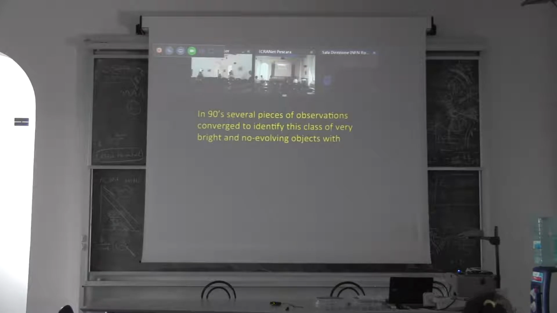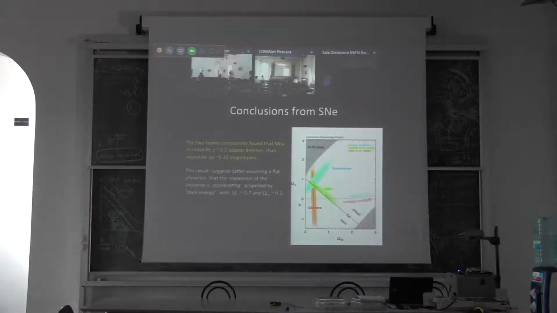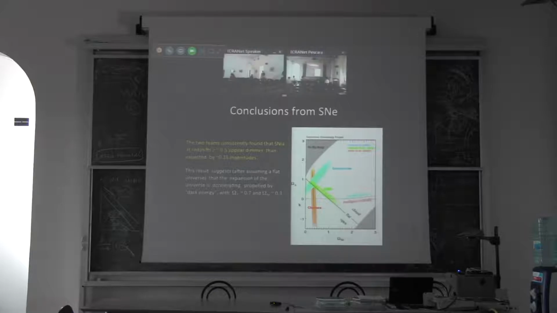And so it was only in the 90s that we were able to pinpoint a class of very bright and non-evolving objects, the Type Ia supernovae, that we can use as standard candles. Using those objects, it was possible to find that supernovae at z of 0.5 are dimmer than expected, and I underline expected because they are standard candles, or better, they can be standardized with the Phillips relation.